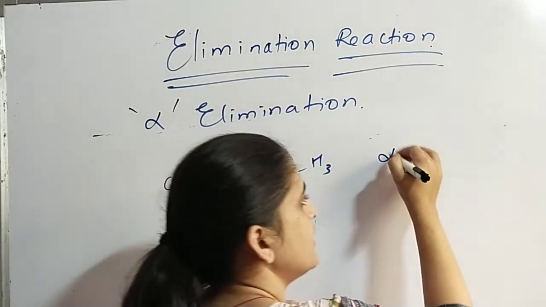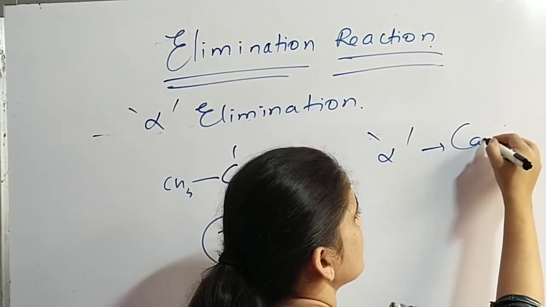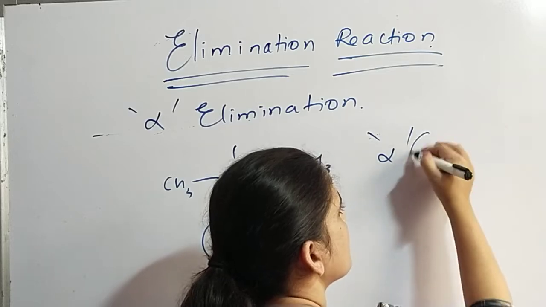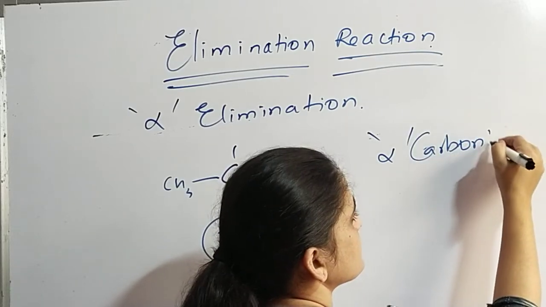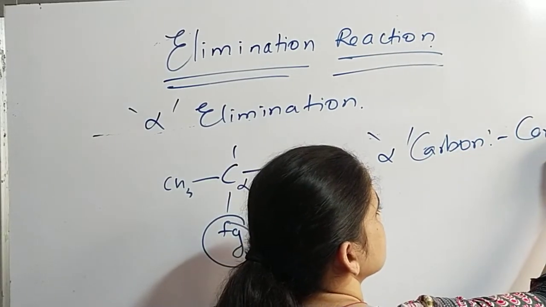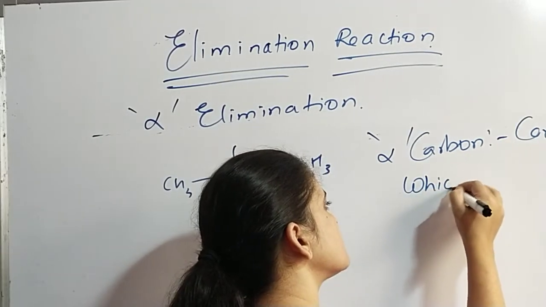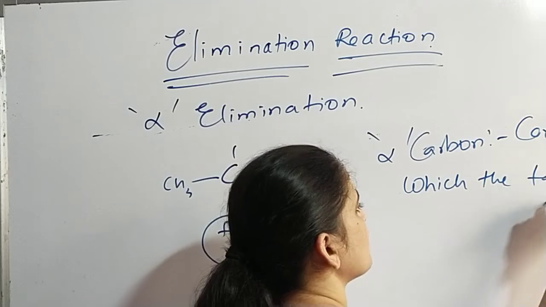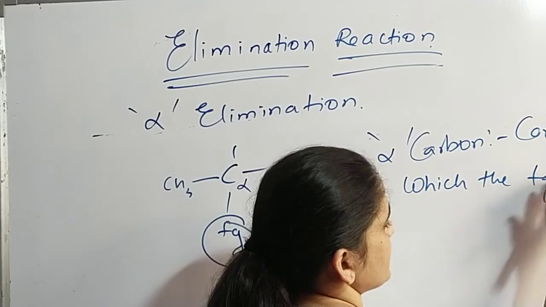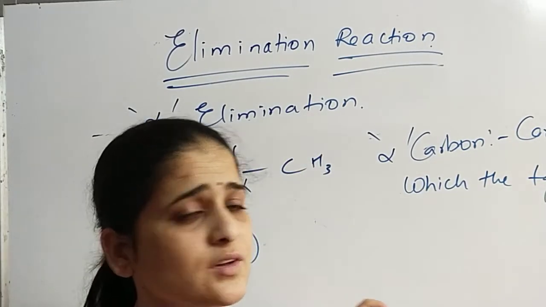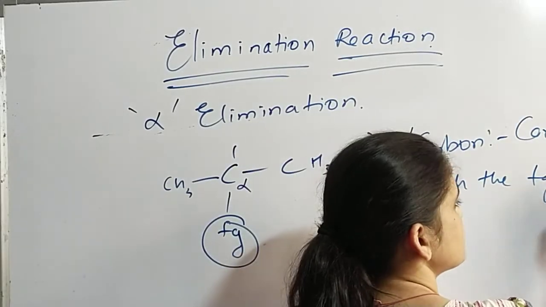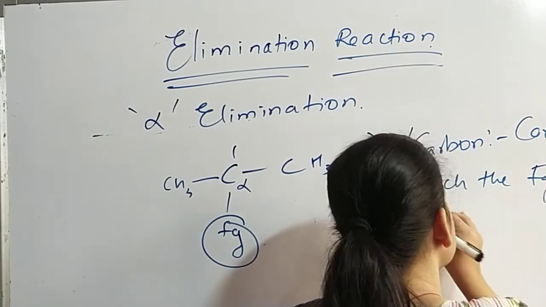What is the definition of it? The alpha carbon can be defined as the carbon to which the functional group, Fg, I'm using Fg for the functional group, okay, is attached.